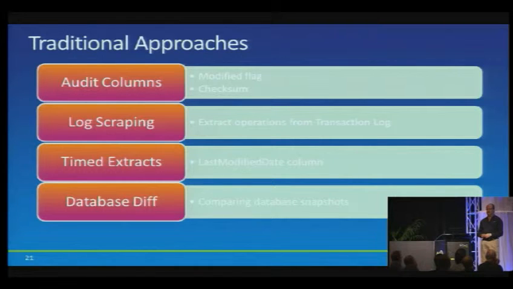This is typically a good idea if your database is fairly small, since you have to scan both databases to give you the delta. Things like log scraping or database diff are pretty much for when you have no access to change or touch the source, if it's a packaged application, for example. If it's not a packaged application, if it's your application, maybe you add some additional flags in the system.